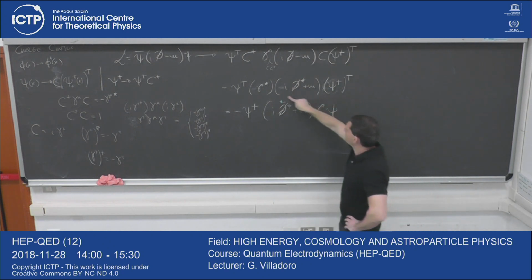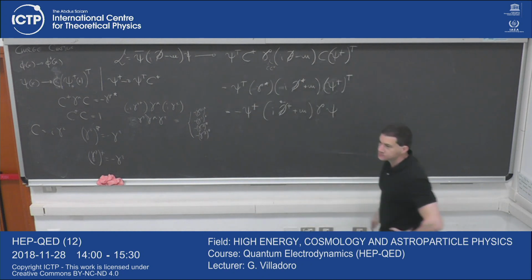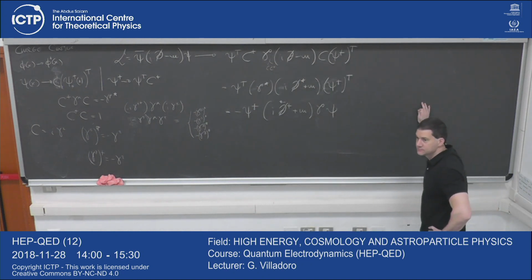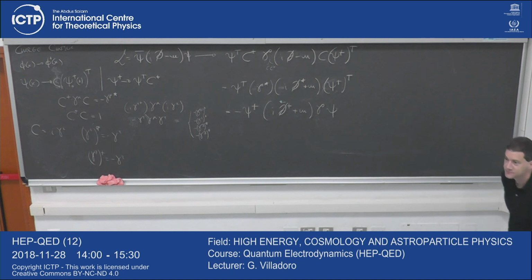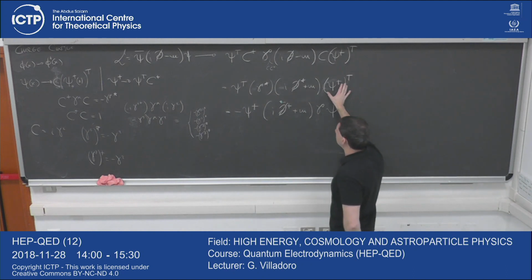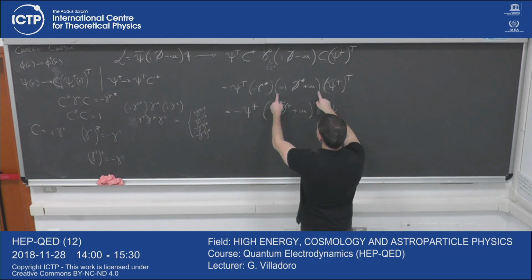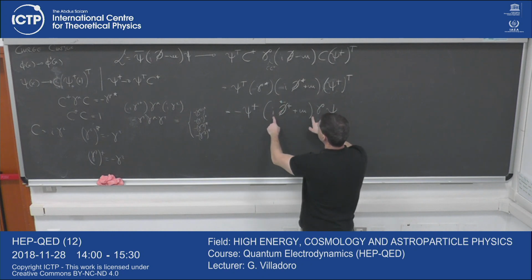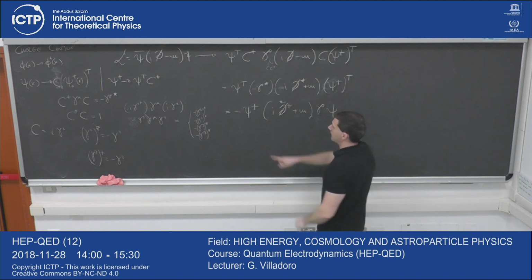I took the transpose of this, so I get psi dagger, the transpose of this, transpose of this, transpose of this, and I added the minus.